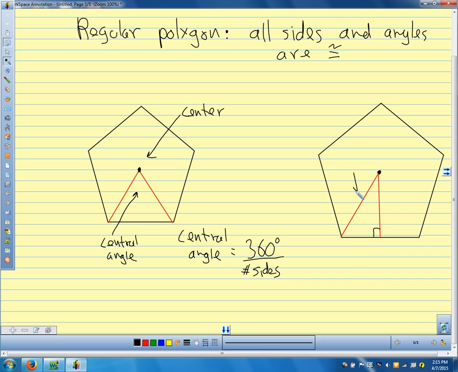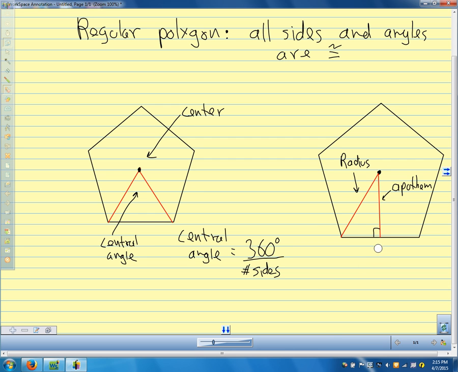This side from the center to a vertex is called the radius of the polygon. From the center to the middle of a side, perpendicular to a side, is called the apothem. And this is half a side.